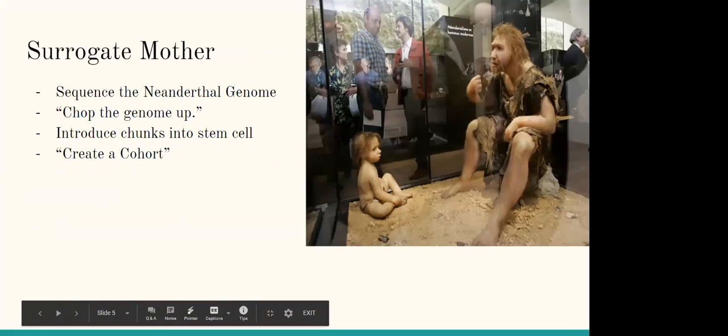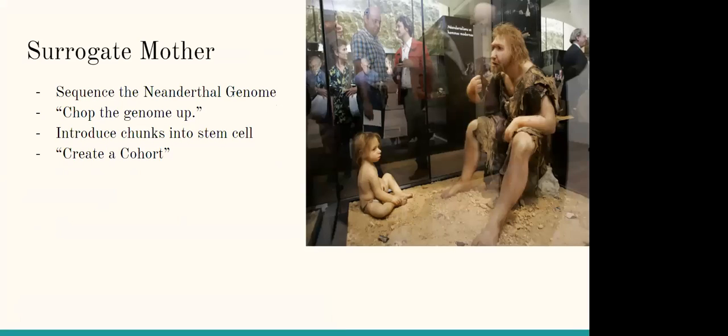So eventually they were successful in sequencing the Neanderthal genome, and what you get now are the possible methods of cloning. So one method is through a surrogate mother. Step 1 is to sequence the Neanderthal genome, which has been done.